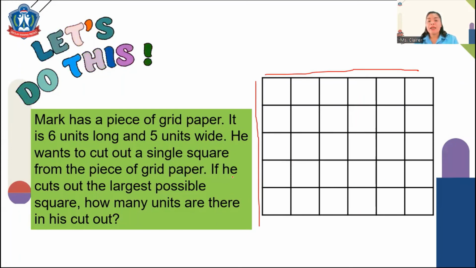If you cut out the largest possible square, how many units are there in his cutout? So he will only cut 1 square, but the largest possible square. If you know the answer, you can share that during our class.